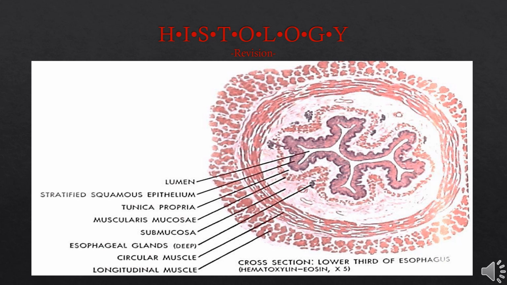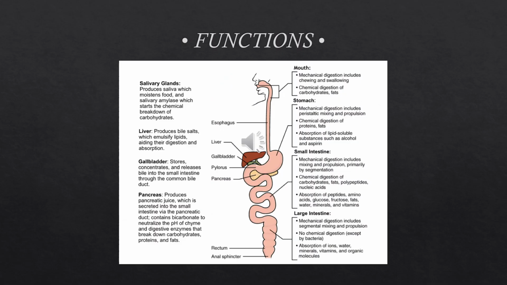So what do we know so far? Well, we know that the GIT is a series of consecutive tubes which have been adapted to perform the important functions of food digestion, absorption, immune defense, and waste excretion, among many others. We also know that the GIT consists of the esophagus, the stomach, the small intestine, the large intestine, and the rectum.